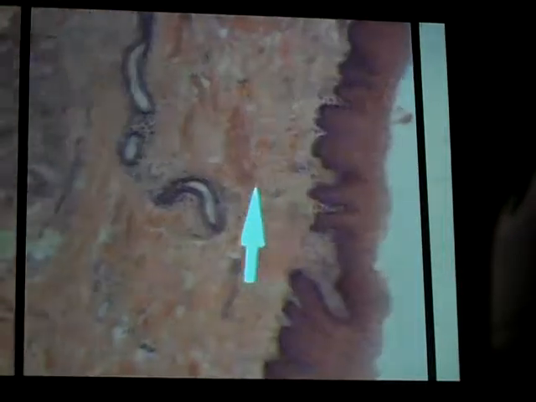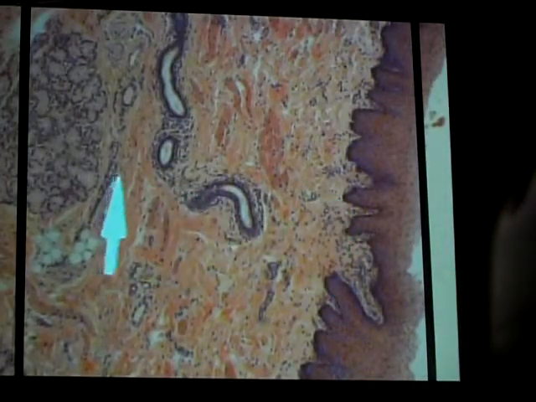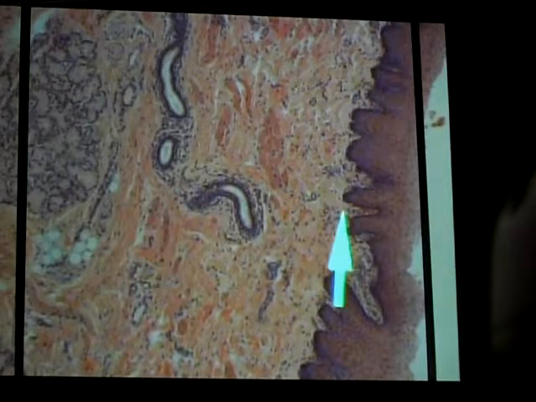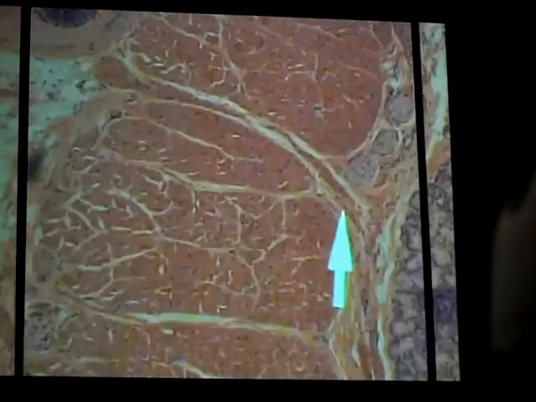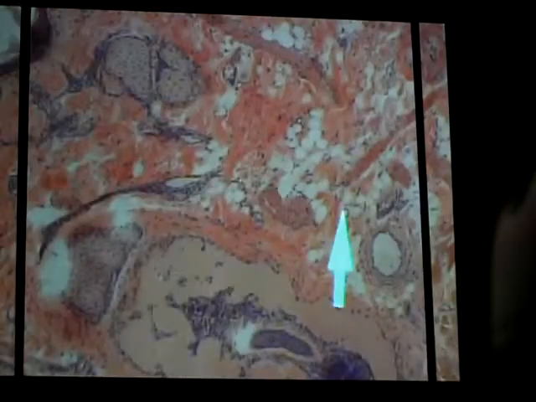Your dermis pretty much consists of the connective tissue that's sitting below your epithelium. So we have our epidermis, our dermis, and then the hypodermis usually is found in the lower regions.